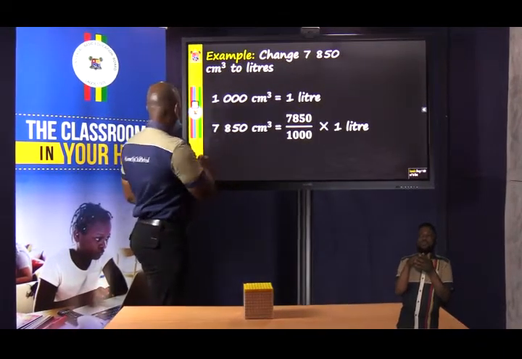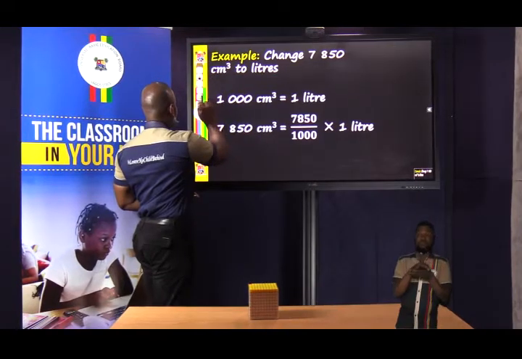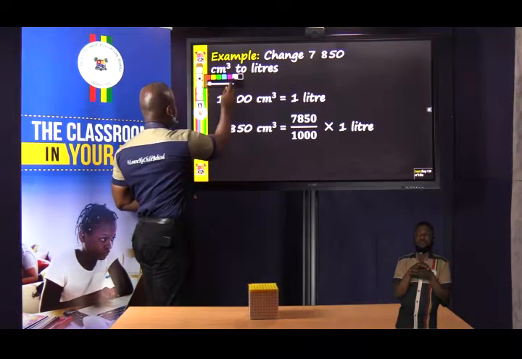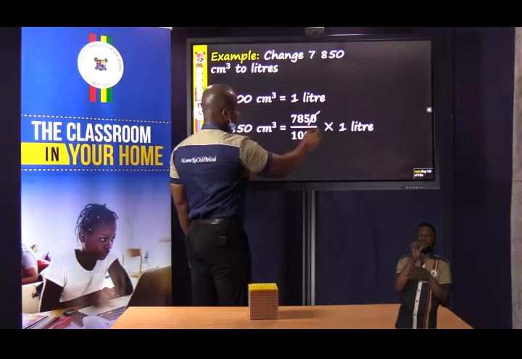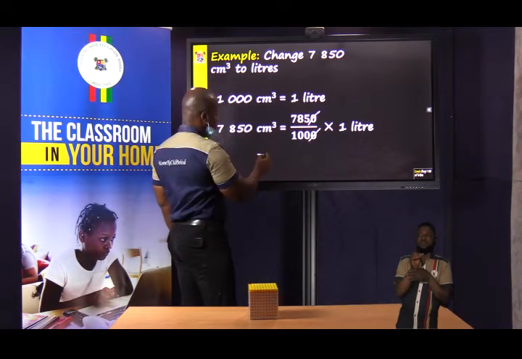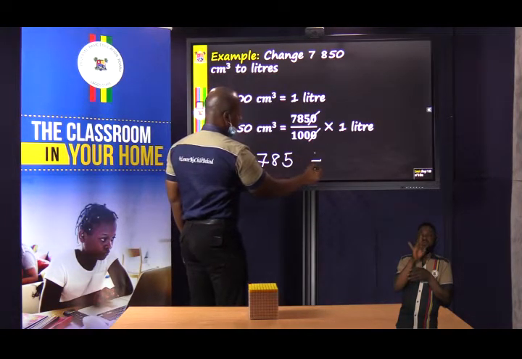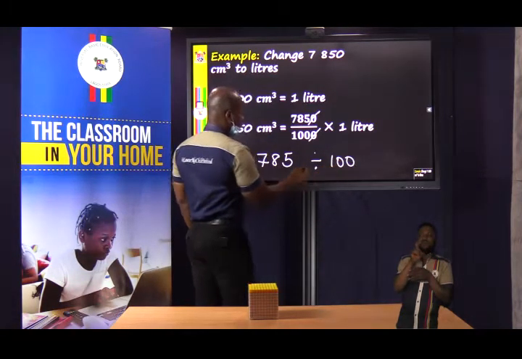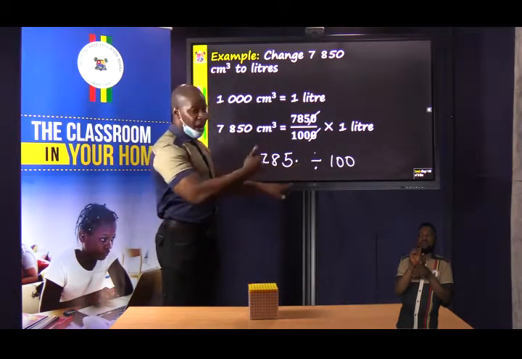And so from here, we can easily break down that number. So one zero can cancel one zero. So if we have 785 divided by 100, then you know that we have to move the decimal point, which by default is after the unit digit.